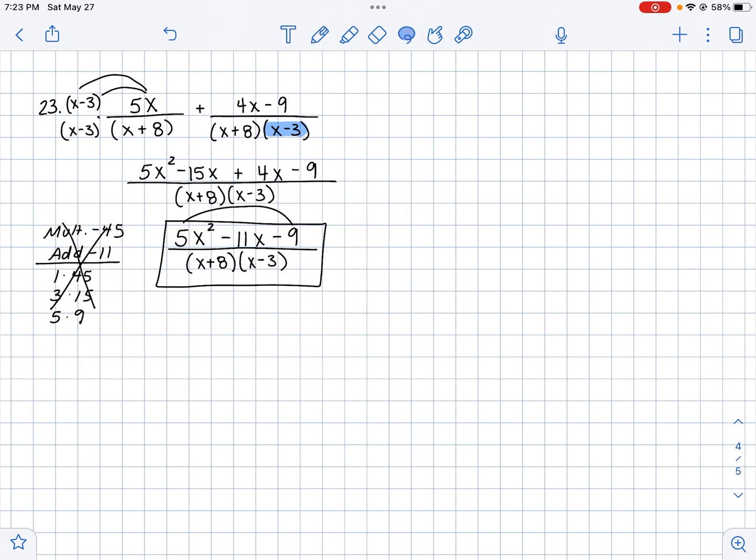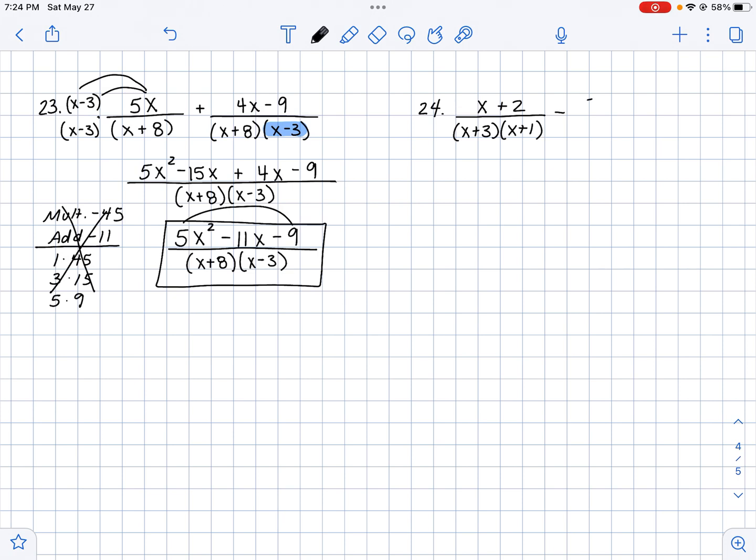Number 24. I'm going to actually move this out of the way quick. Okay, number 24. Same idea, except we're subtracting. So I get x plus 2 over, and again, factoring, I'm going to get (x plus 3)(x plus 1), and then minus 5x over 2x.